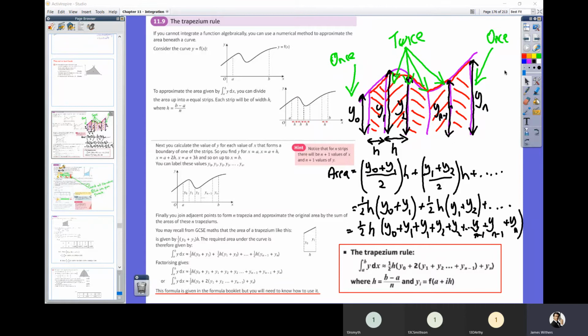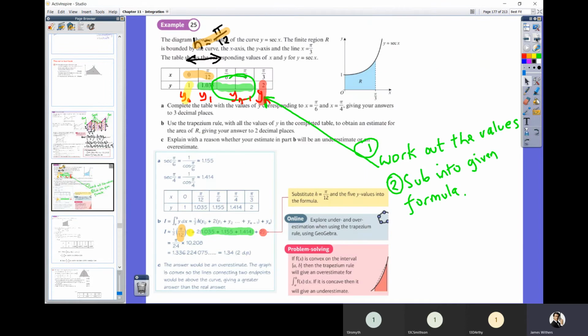So if this was to crop up, it's an absolute gift, because when we look at this question here, they'll leave you a few values that haven't been worked out. So you literally just sub in the x value into the curve to get the y values, and then you just simply plug the information into the formula. So just looking down here, we've got our half, then that is our h, so that's the distance between the trapezia there in orange.